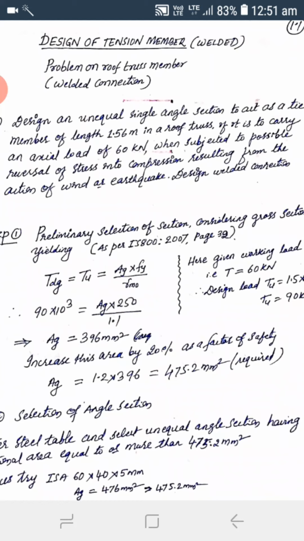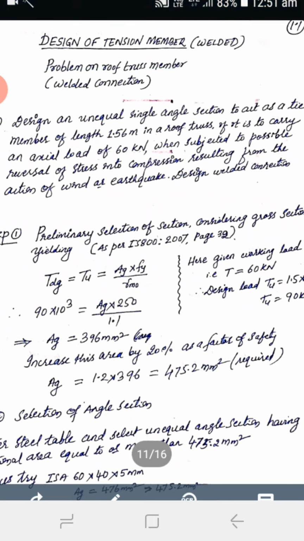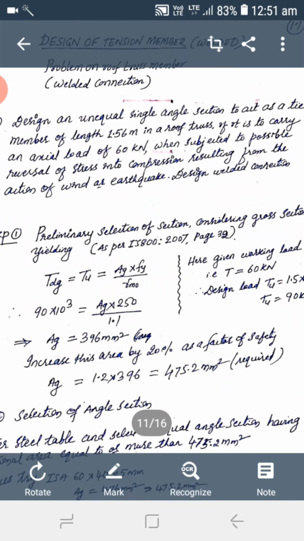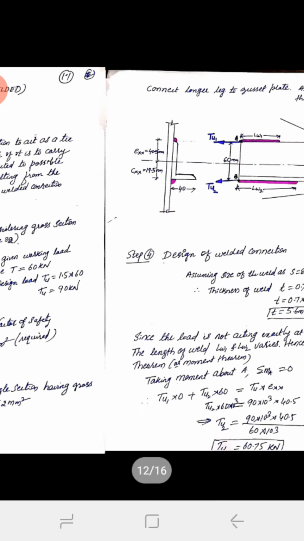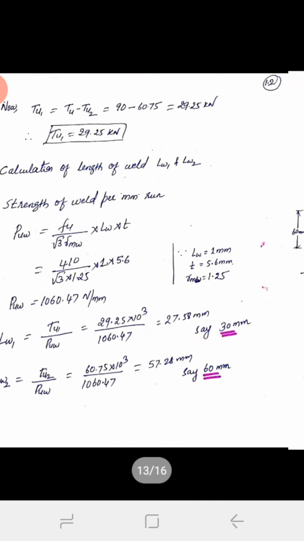Sometimes they mention only design a single angle section; in that case you may select an equal angle or unequal angle section. Since they mentioned unequal angle section here, I have selected an unequal angle section and designed it. And this is the welded connection. So solve step by step, then you will get the marks step by step. Okay, like this.